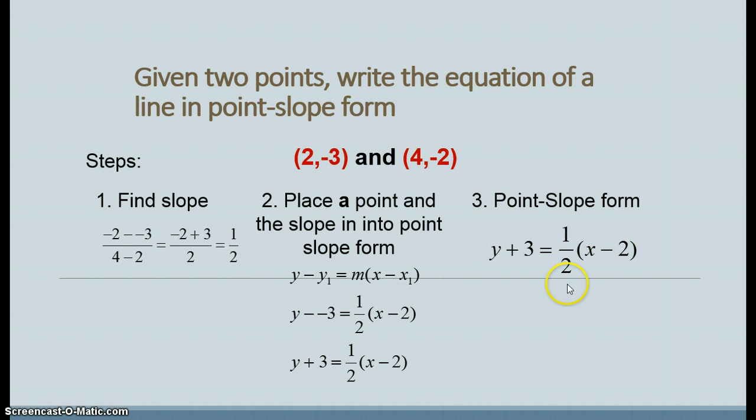This is in point slope form, so we're going to transfer it into the slope intercept form. All right, solve for y, which is when we clear y, slope intercept form. Then what we do here, y equals 1/2 of x minus 2 minus 3, because we're clearing this one.